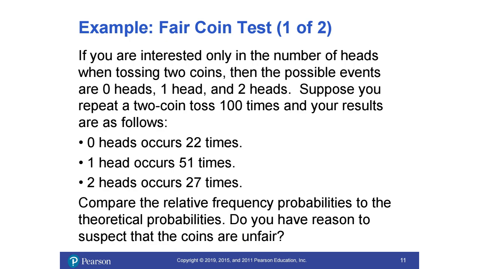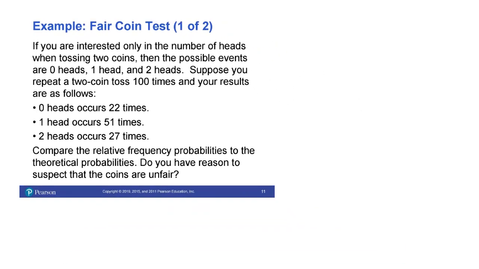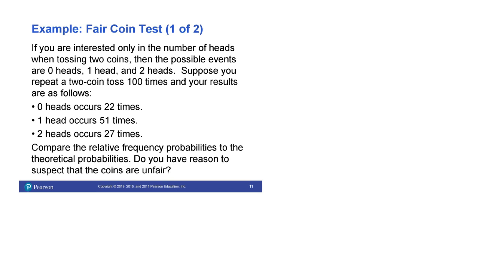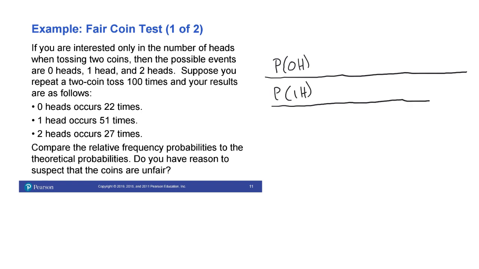So what I'd like to do is go ahead and make a little bit of room over here on the right. So I'm going to make a table. And what I'm going to do is I'm going to have a table where I'm going to have the probability of getting 0 heads, the probability of getting 1 head, the probability of getting 2 heads.